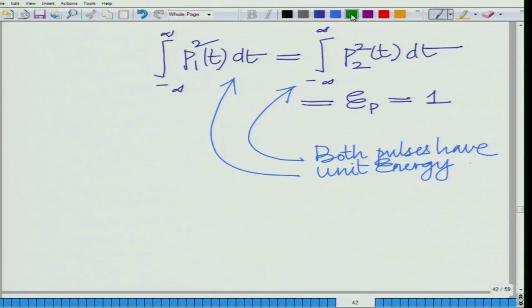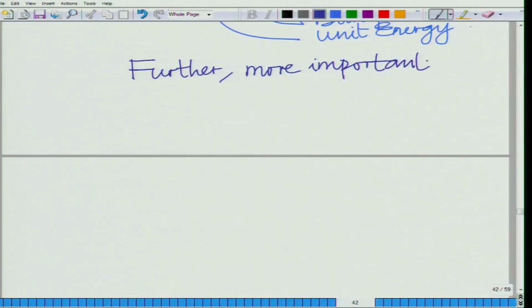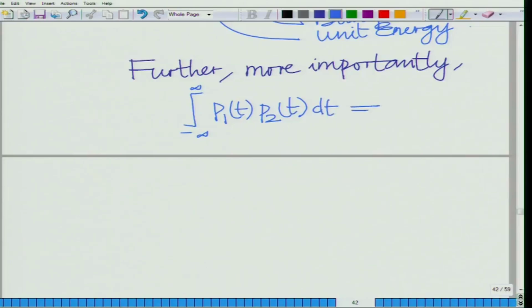Both pulses have unit energy, that is, both pulses are normalized. More importantly, if you look at the inner product between the two pulses, the integral from minus infinity to infinity of P1(t) P2(t), this is equal to 0.